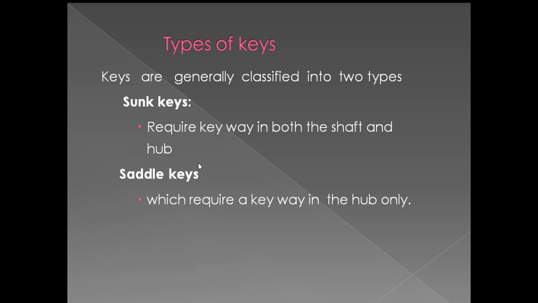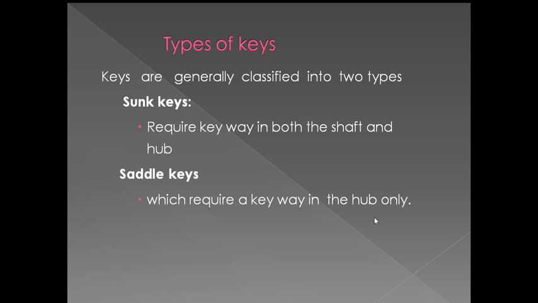Saddle keys require a keyway in the hub only. There is no slot in the shaft because the key is placed only in the hub. The bottom of the keyway is made exactly to the shape of the shaft.